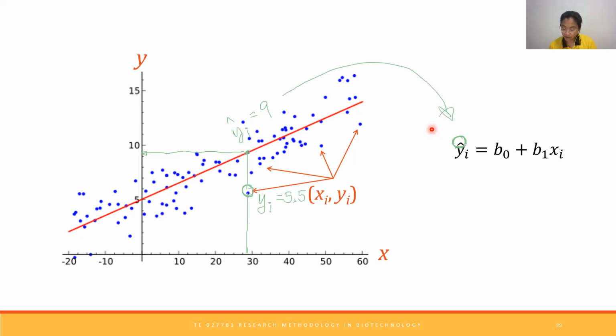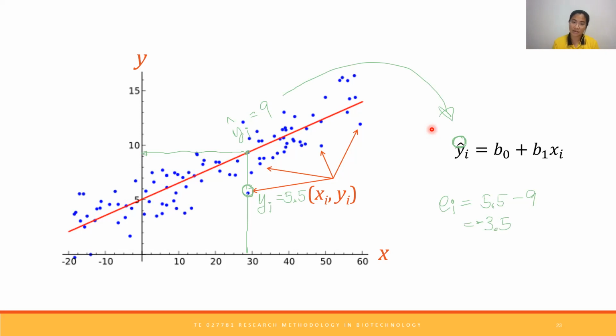So your residual error is simply 5.5 minus 9, which is minus 3.5. That is the residual error.